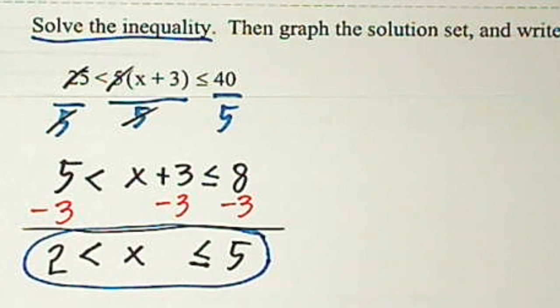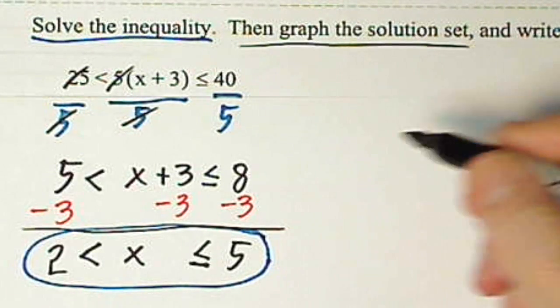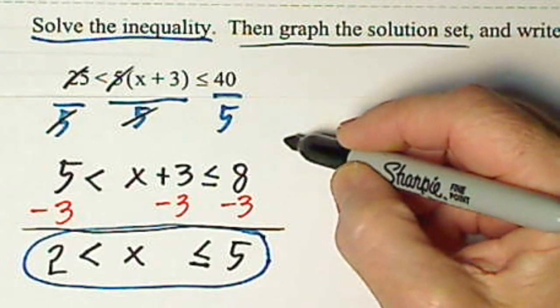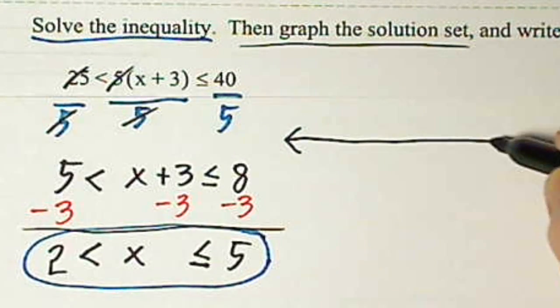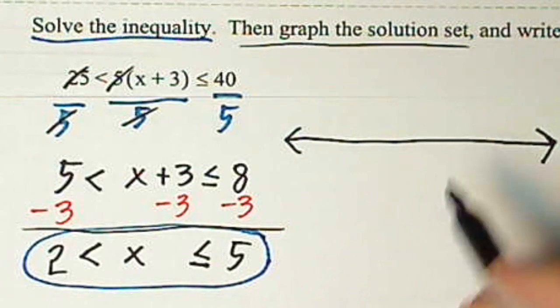For the next request, they said graph the solution set. So we'll give ourselves a graph, and we'll make sure we have a 2 and a 5 in there.